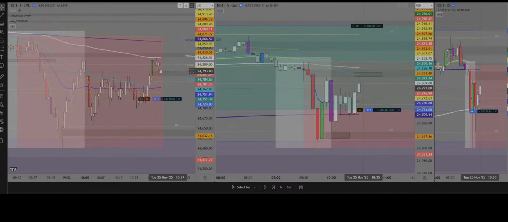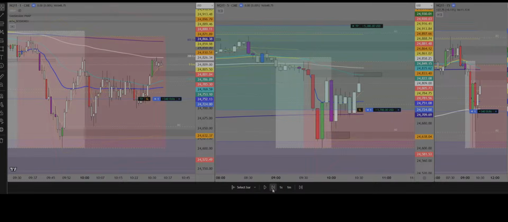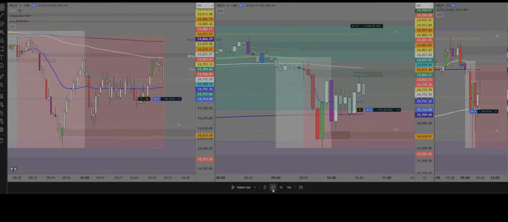So I need to see it actually come up here and push through this 200 on the 1. I don't like how the wick has already pulled back though on the 5. Yeah, that's disgusting.